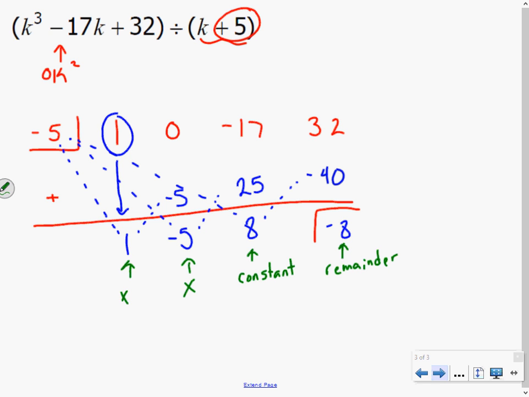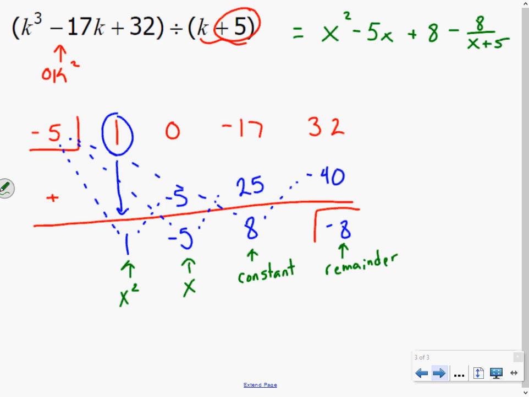This is going to be the coefficient of x squared. So every time you go left another column, your exponent just goes up by 1. So all together here, we can say our quotient, what we get when we actually do this division, is going to be 1x squared minus 5x plus 8 minus 8 over x plus 5.